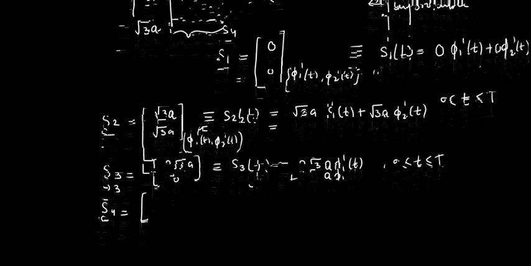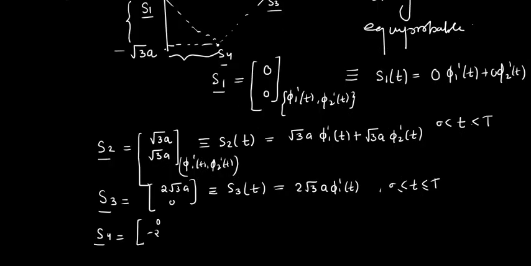So S4 will be 0 and minus root 3a, sorry, root 3a and minus root 3. Very good. So, the corresponding S4t waveform you can write like this.